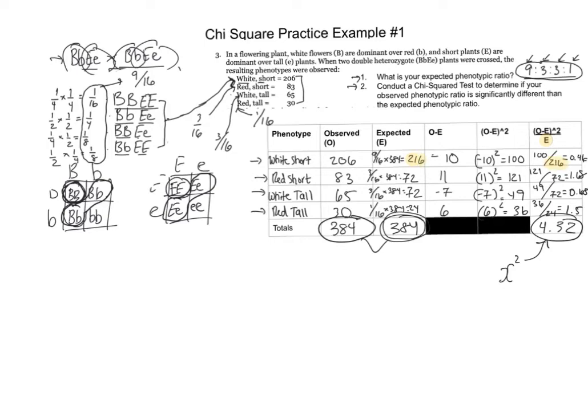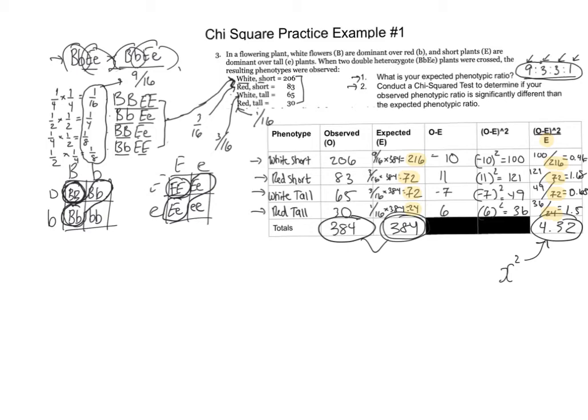So I want to make sure to divide by 216. For here, the expected value was 72. So I want to make sure to divide by 72, and so on and so forth. A common mistake that I see here is students will use an observed value to divide by, and that will give you an incorrect chi-square value. So we always want to use that expected value as the denominator there.